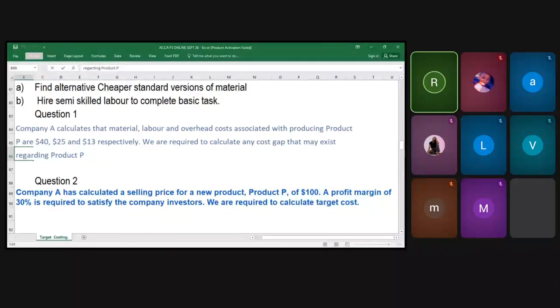Where is the first question? Company A calculates that material, labor, and overhead costs associated with the product are 40, 25, and 13 respectively. We are required to calculate the cost gap that may exist for product P. I don't know how I copied this one, but let's move to question 2. I'll then go back and rectify what is missing there.